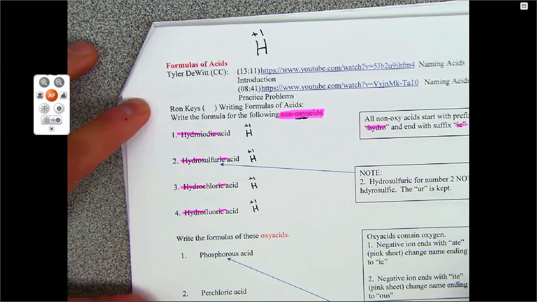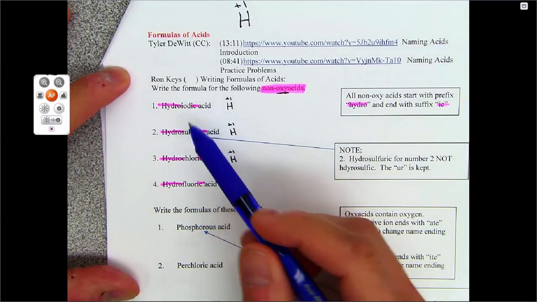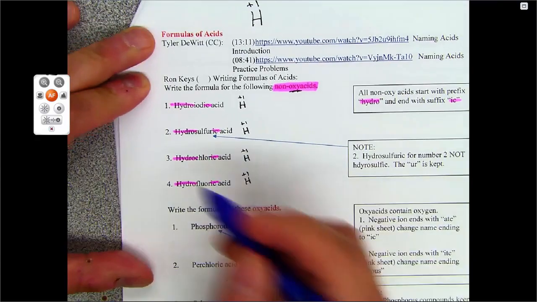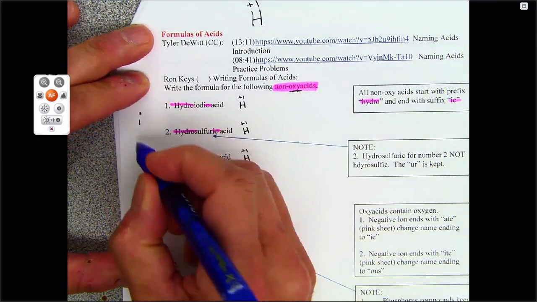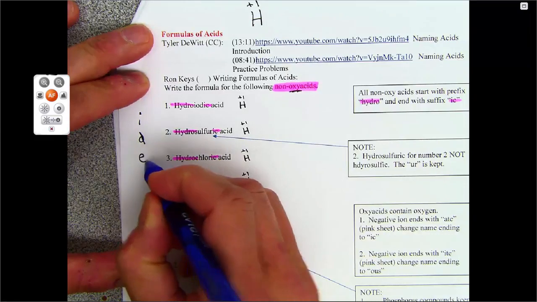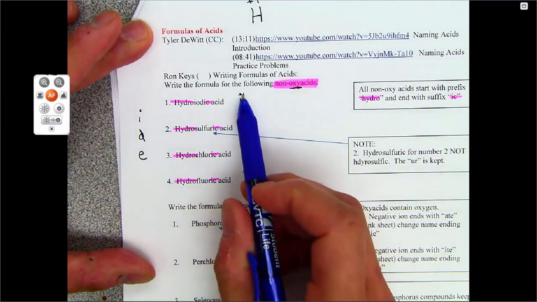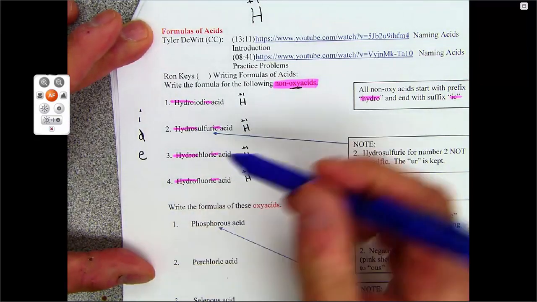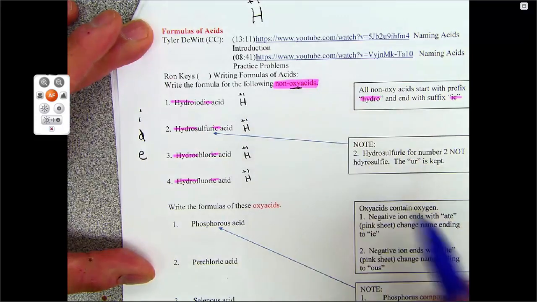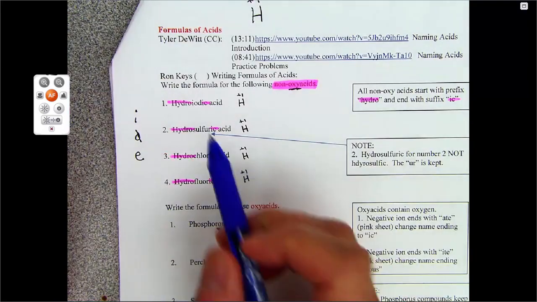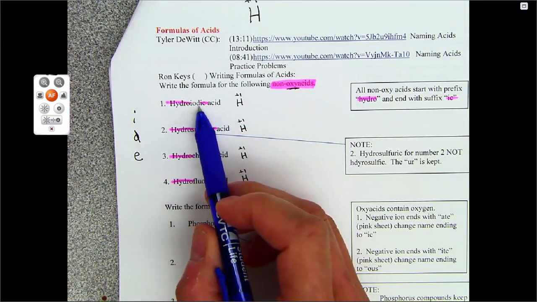For non-oxy acids, no oxygen, all of these come from the negative ide. So to get your negative ion that goes with your positive hydrogen, again, when you see the word acid, H+1, we need to find the ide, and we simply look for something like this, it's iodide.